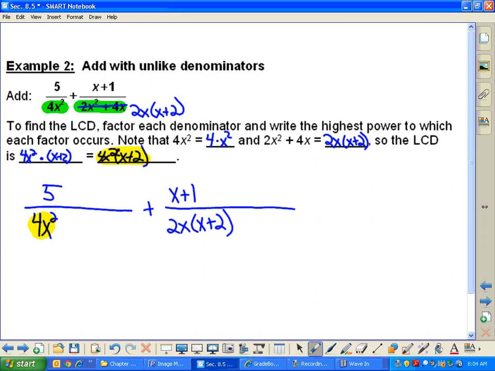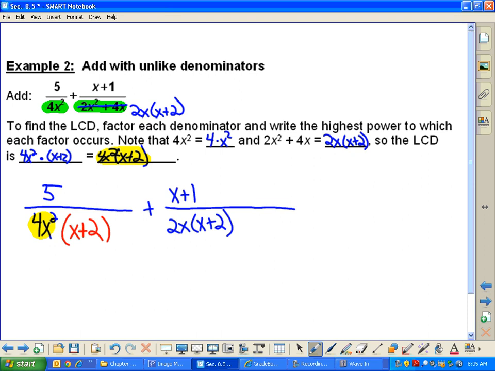Ooh, he's not here. Sorry. Thank you, Claire. So what's missing? Compare 4x squared to 4x squared times x plus 2. Well, what's missing? x plus 2. Now it's my LCD.